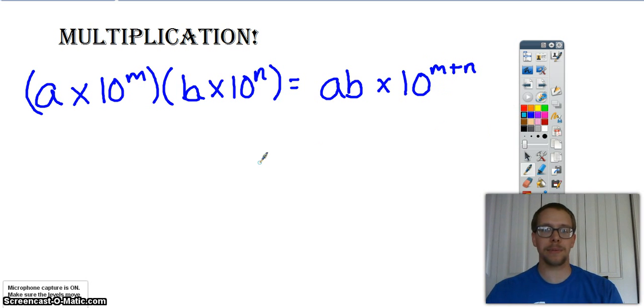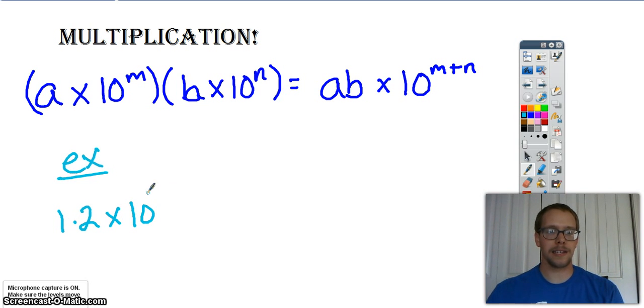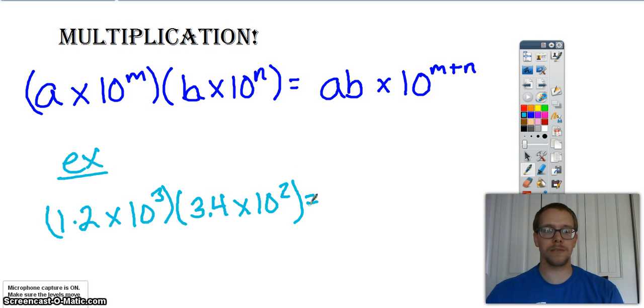So for example, say we have 1.2 times 10 to the third power multiplied by the quantity, let's say just 3.4 times 10 to the second power. What would we do there?